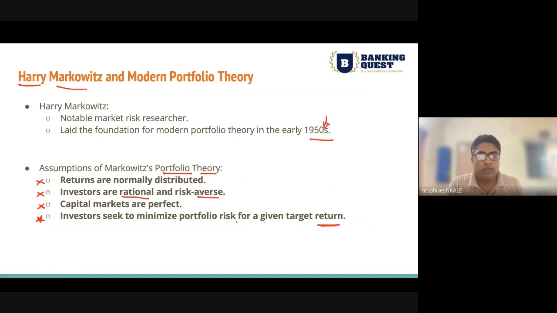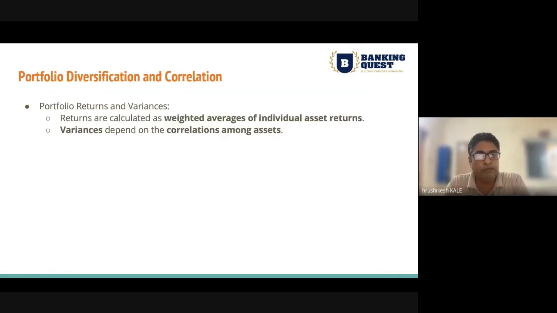So we should also keep all these assumptions in mind while working on modern portfolio theory. Now, modern portfolio theory works on diversification and correlation. Now, first of all, guys, please help me. Let's say you have two assets.